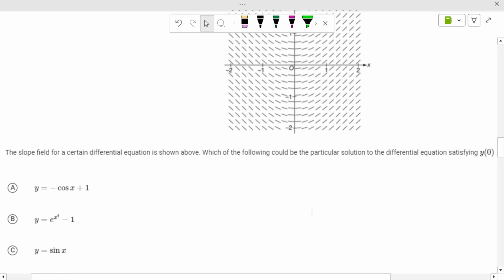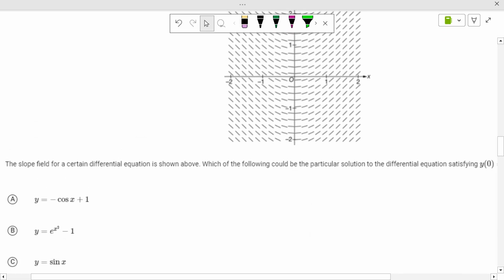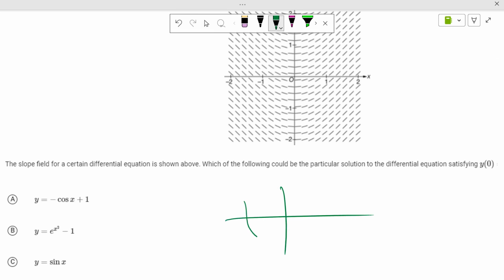Sine of x. Does this look like the sine curve? Well, at 0, the slope is 0. At 1.57, it's 1. But then at negative 1.57, it should be a positive slope of 1, not a negative slope of 1, because the sine curve looks like this.